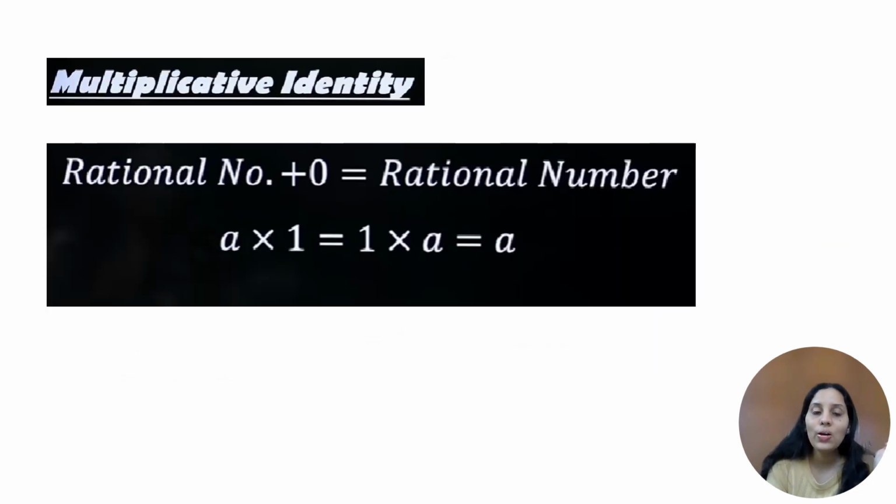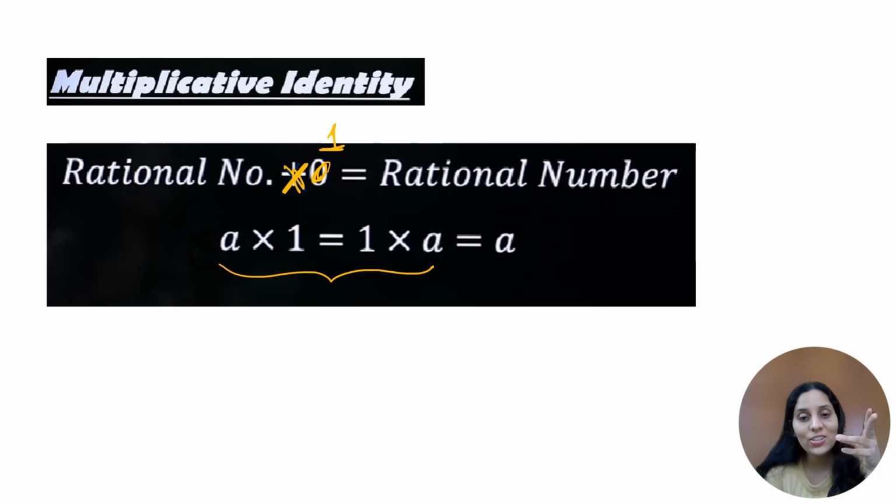Now moving on, multiplicative identity. Okay, so here this is rational number into 1. Any rational number, when you multiply it by 1, you end up having the same rational number. So for example, a into 1 or 1 into a is always the same. Here they have used commutative.